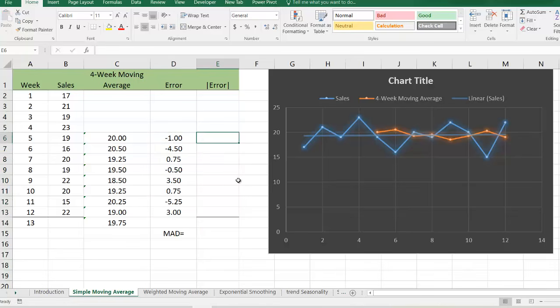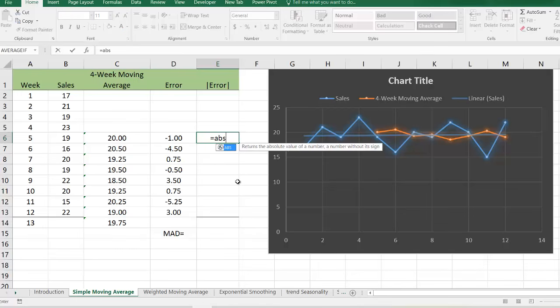Next, we're going to compute the absolute value of each of the errors. Microsoft Excel has a built-in absolute value function. So that's equal to ABS, or the absolute value of any number.